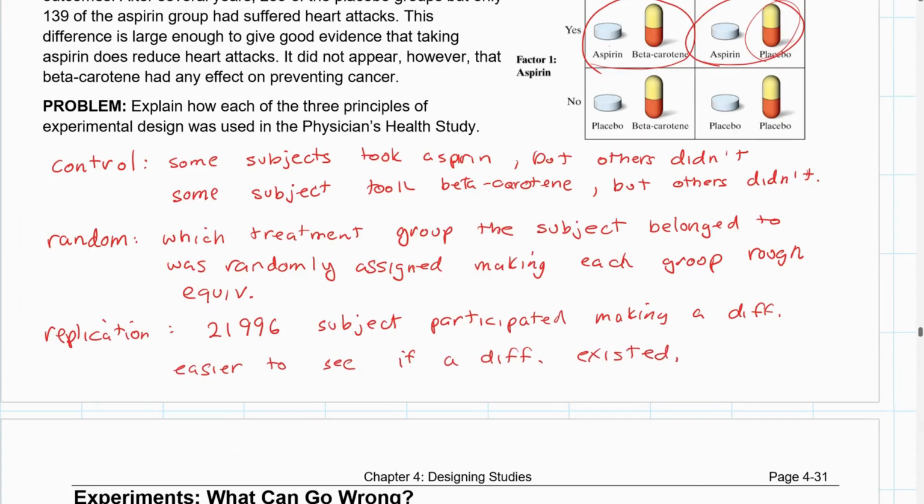Okay, so there are our three major ideas of experimental design. And that finishes off this first lecture of section 4.2.